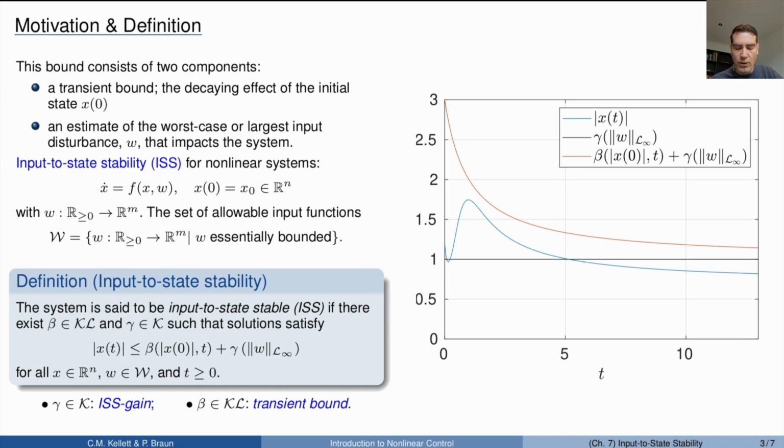We know that all solutions are bounded by this decaying function, but once we are in this neighborhood 0, 1, we just know that our solution is within this window 0, 1, but we don't know if it further decreases to 0.